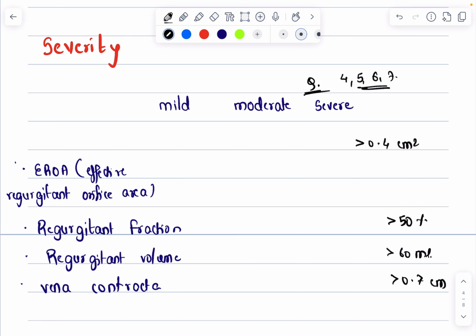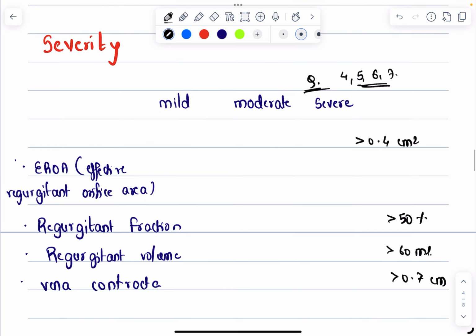Okay. And apart from that, if you want to remember the mild and moderate case, in mild case, EROA is less than 0.2, regurgitant fraction is less than 30%, regurgitant volume is less than 30 ml, and vena contracta here is less than 0.3 centimeter.